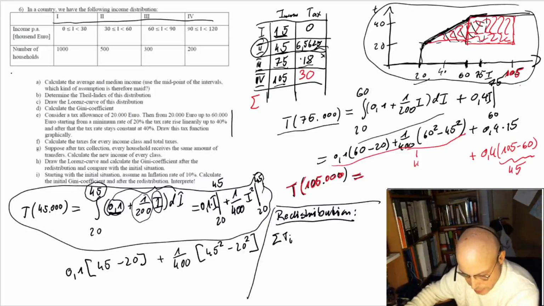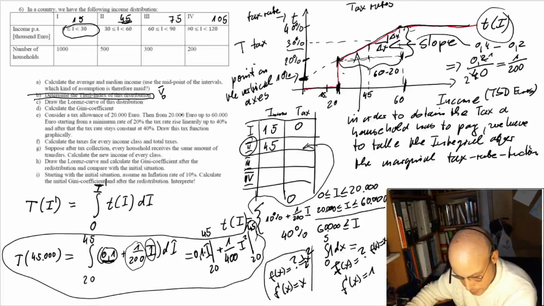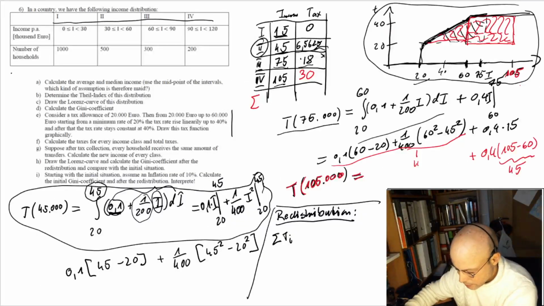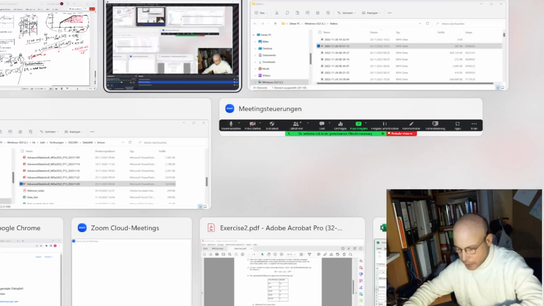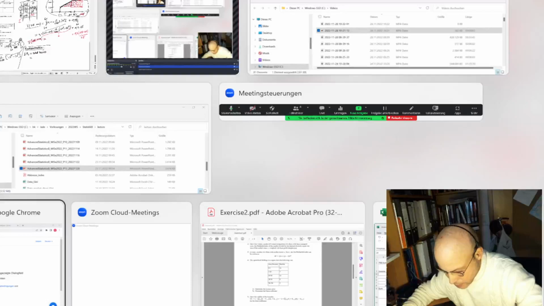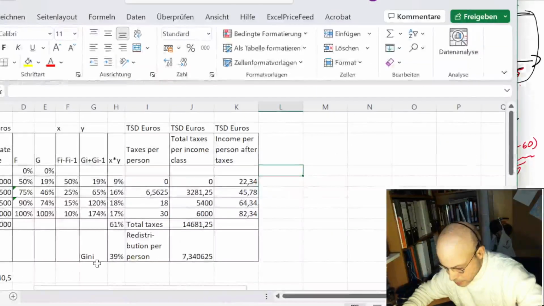Didn't I write this down on the other slide maybe? No. Then at first we have to add up this. This is total taxes, and I think I have it in my Excel sheet here.